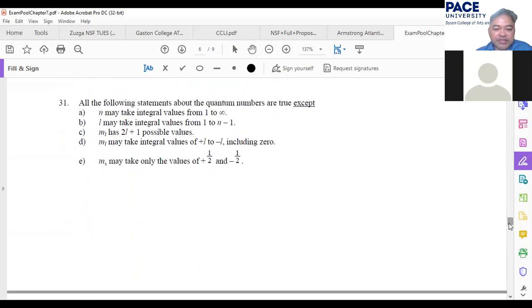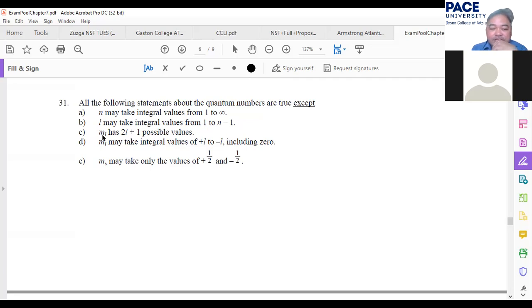How about this one? All of the following statements about the quantum numbers are true except: letter A is true. N may take integral values from 1 to infinity. L may take integral values from 1 to n minus 1. I think that's false. To make it true, you have to replace this 1 with 0.